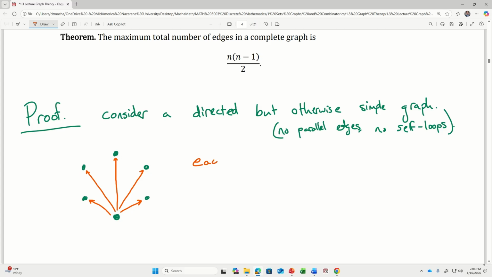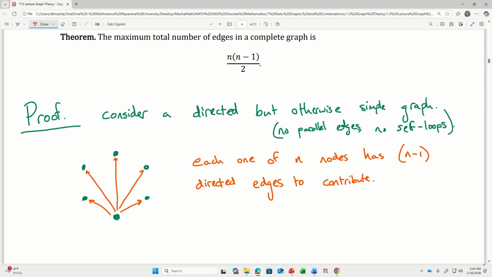So each one of n nodes has n minus 1 directed edges to contribute. So for a directed but otherwise simple graph, being as connected as possible would yield n times n minus 1 directed edges.